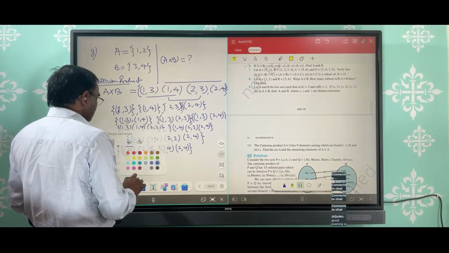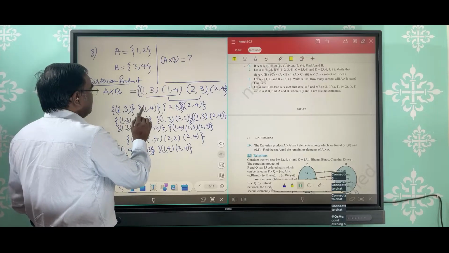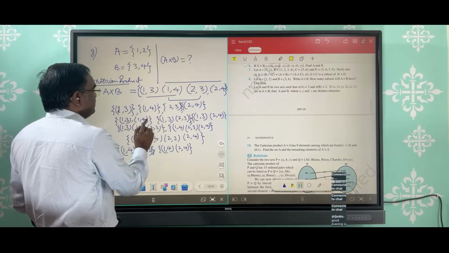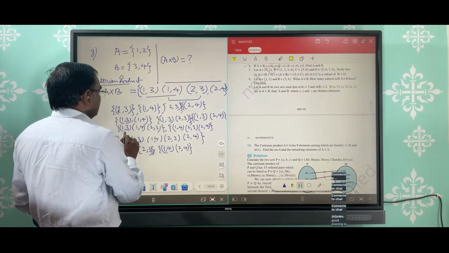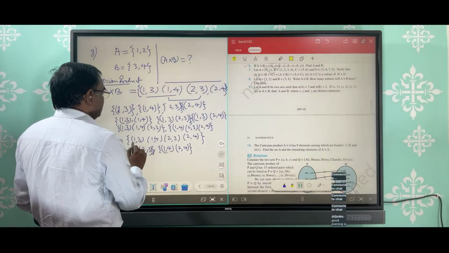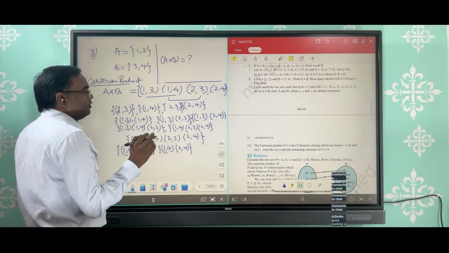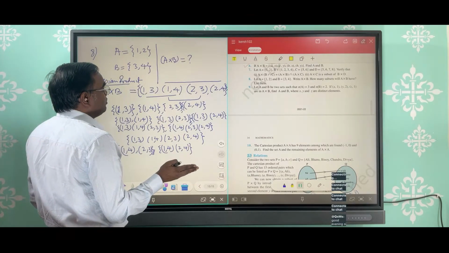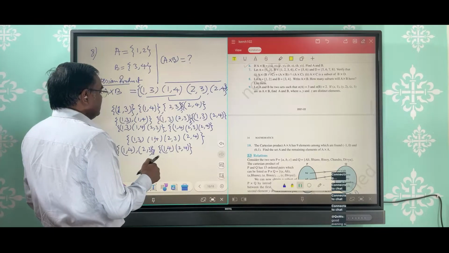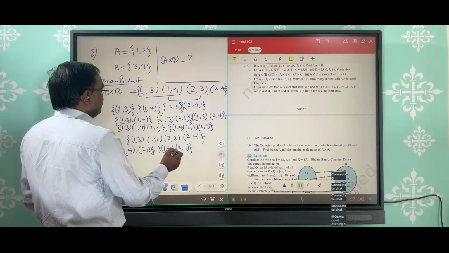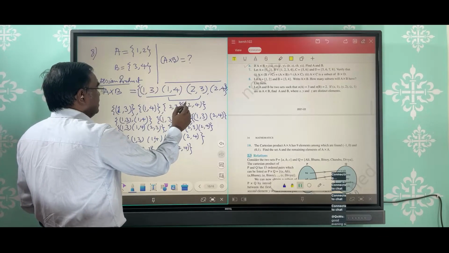Count: 1, 2, 3, 4, 5, 6, 7, 8, 9, 10, 11, 12. How many remaining? Four others are remaining. So what other pairs can be made? We have taken (1,4) (2,3) and (1,4) (2,4).